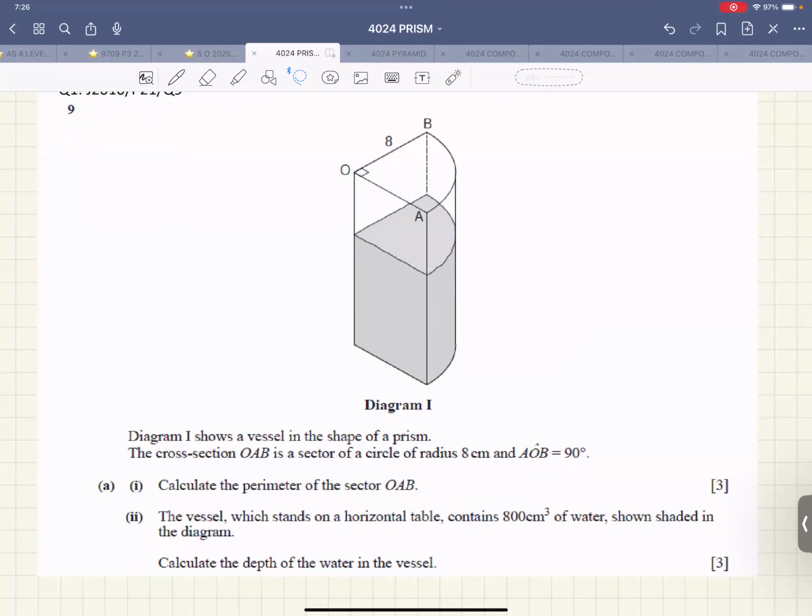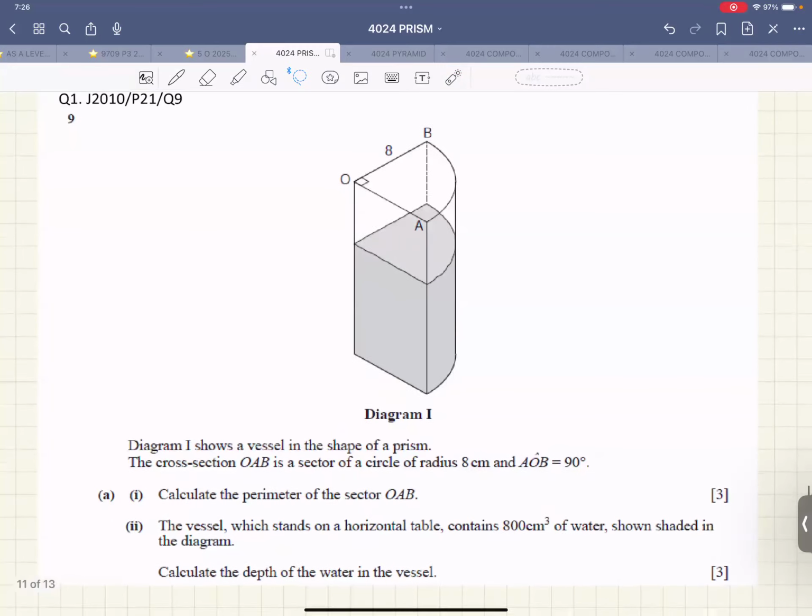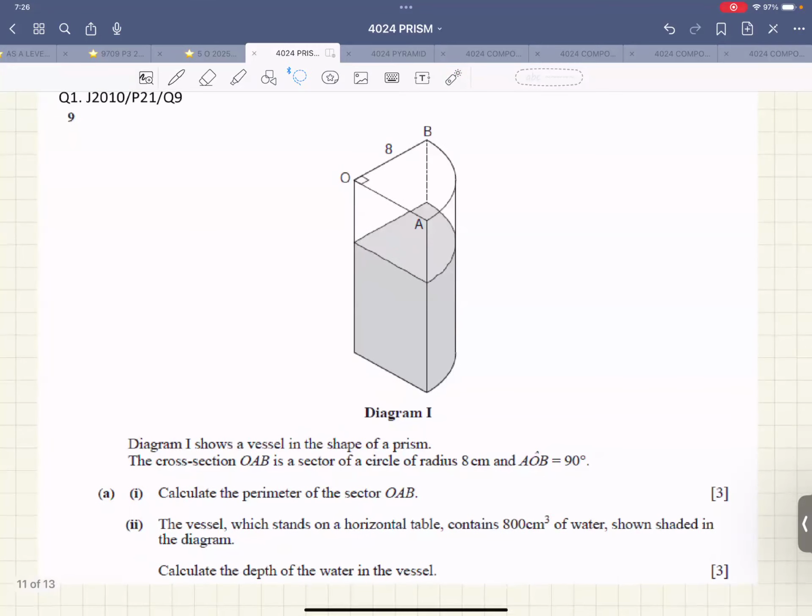So just have a look at this question. What are they asking? What things need to be evaluated and so on. I'm just pinpointing a few things.